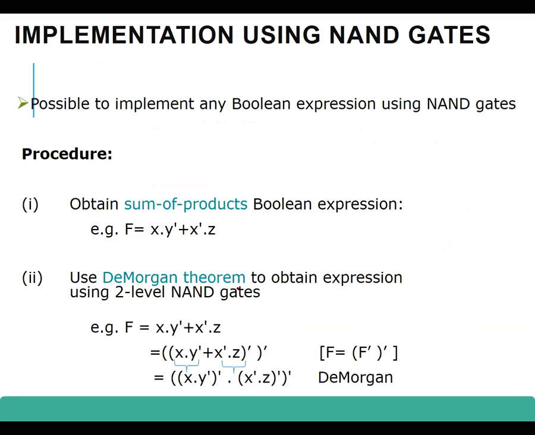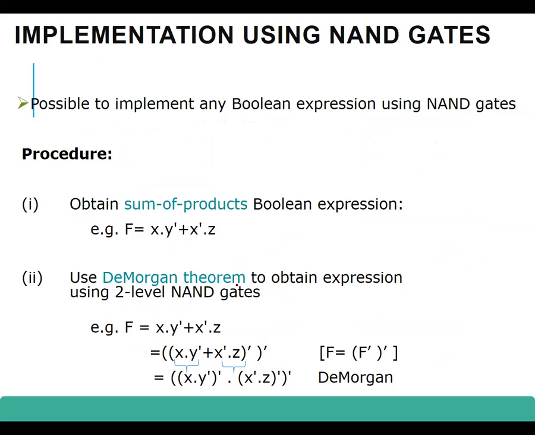So now we have proved that we can implement any logic gate using only NAND gates or only NOR gates. Our first target here is to look at how we can develop Boolean expressions using only NAND gates.